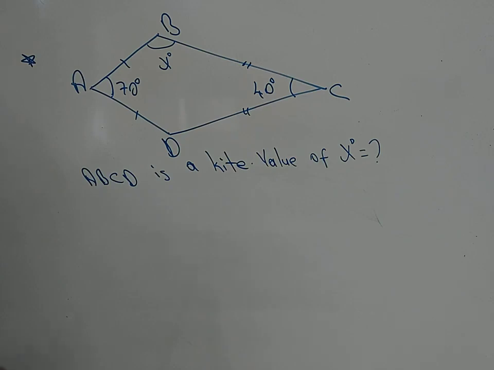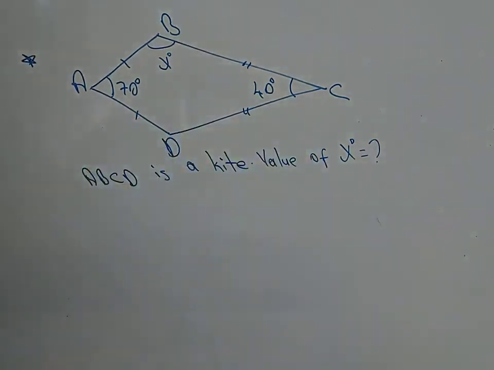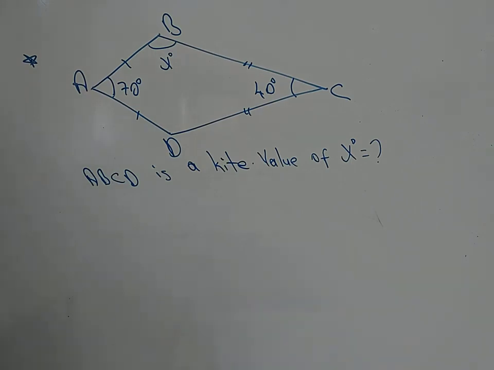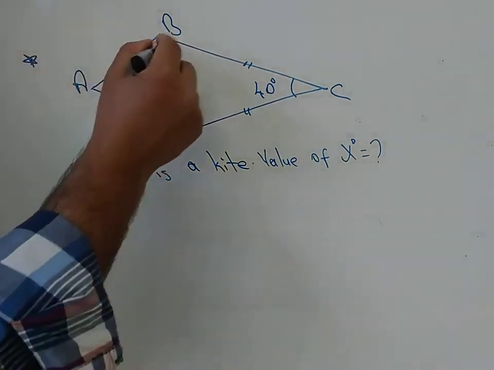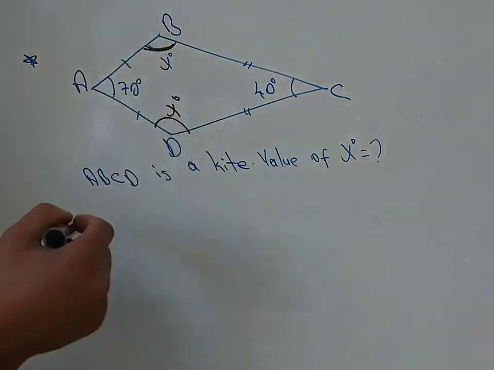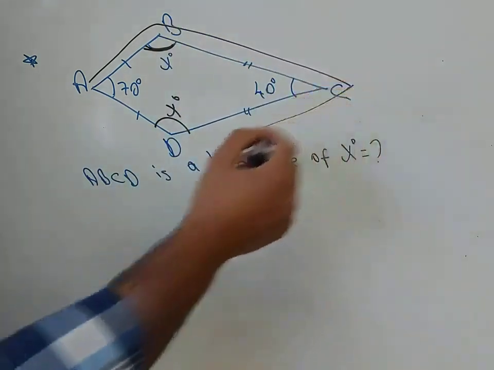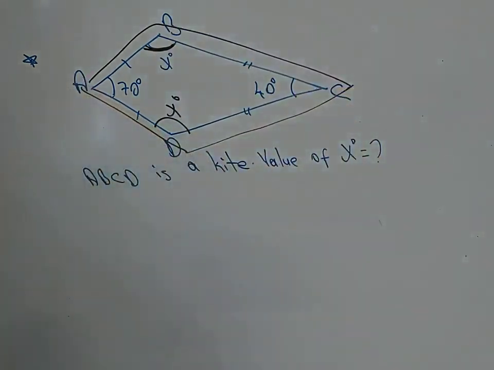So another question: ABCD is a kite, find the value of x. So if this shape is a kite and this is x, this should be x too. They are the same. Now it is a quadrilateral. The sum of interior angles of a quadrilateral is 360.